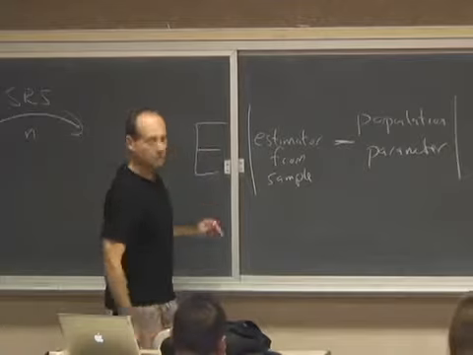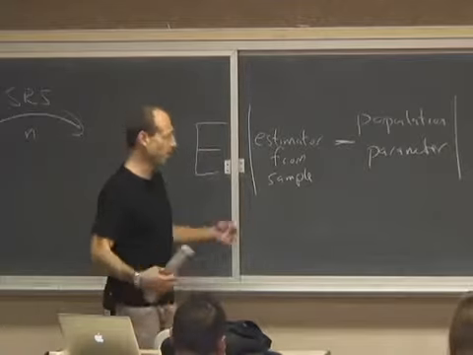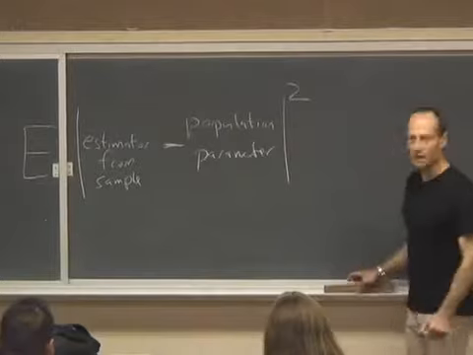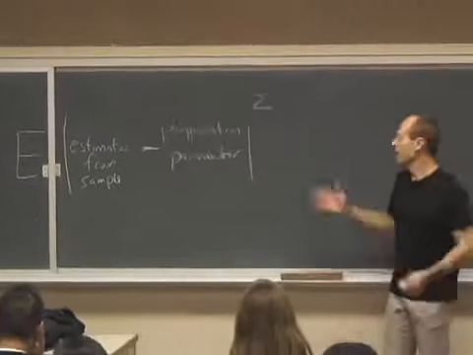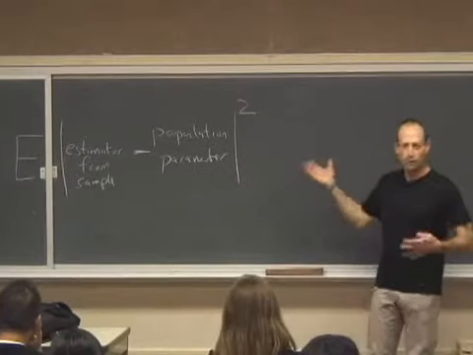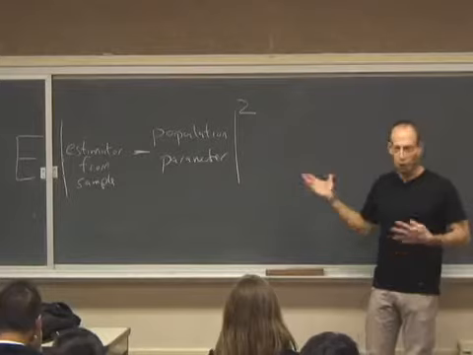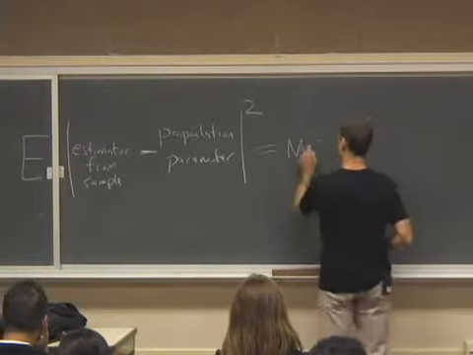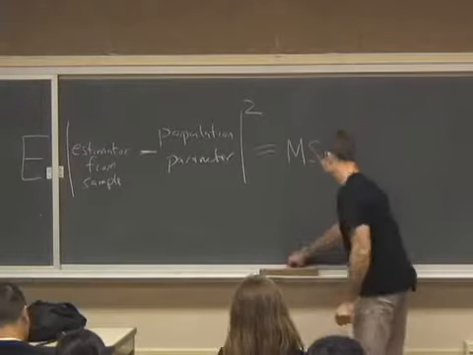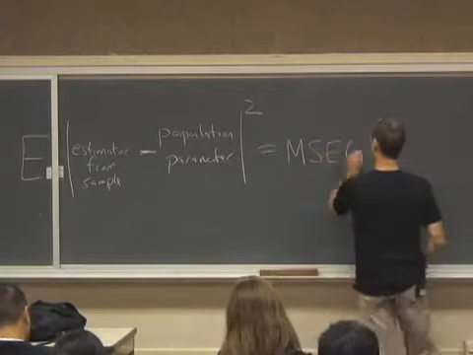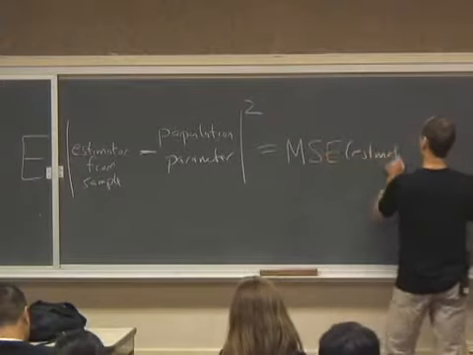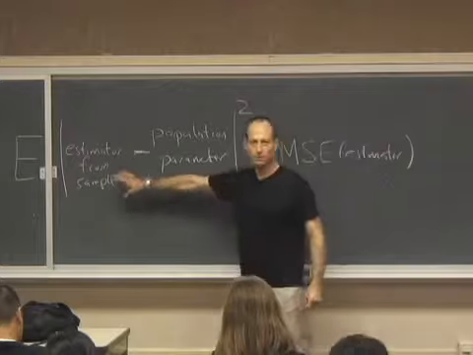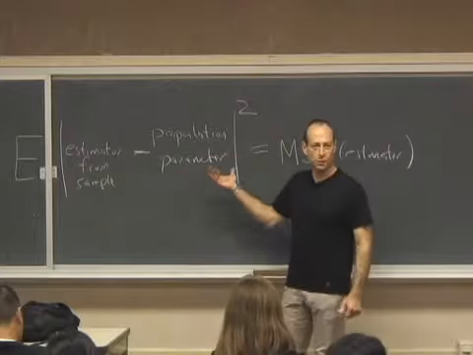Now, it turns out to be easier to do calculus and analyze things if you work with the square instead of with the absolute value. It's arbitrary. This is one particular way of measuring how good an estimator is, and this particular thing is called the mean squared error of the estimator. It's the expected value of the square of the difference between the estimator and the thing it's trying to estimate.